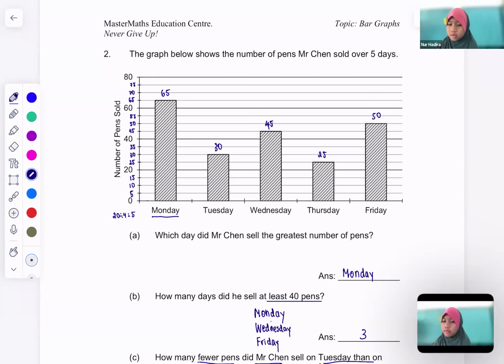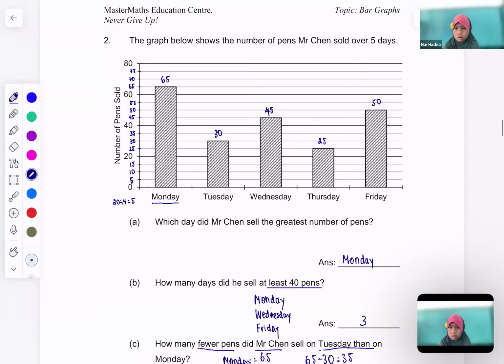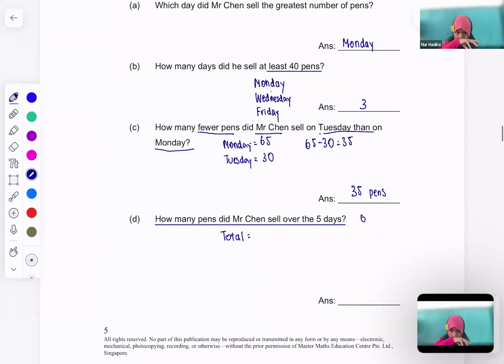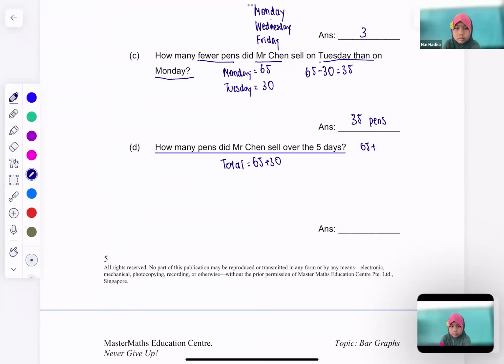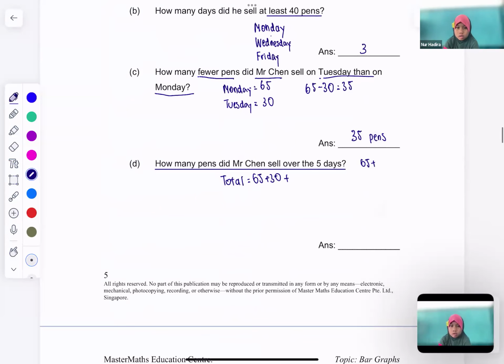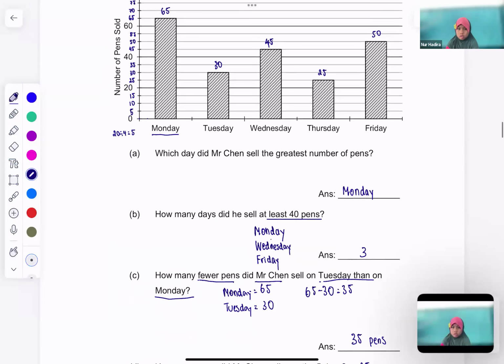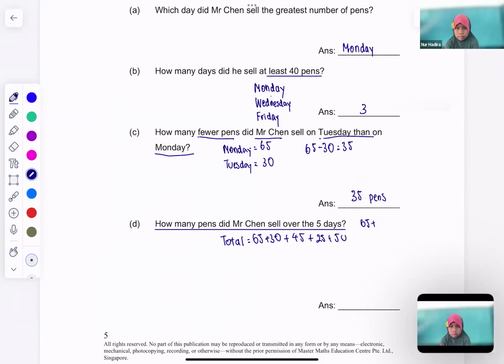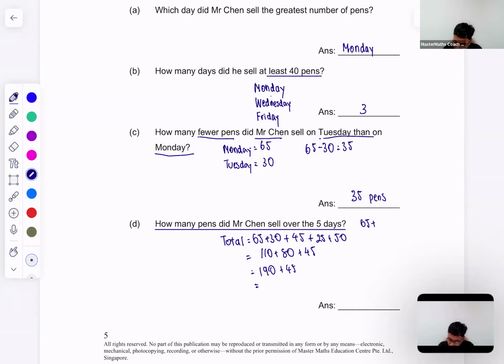The answer is 155. Okay, and this equals 235.